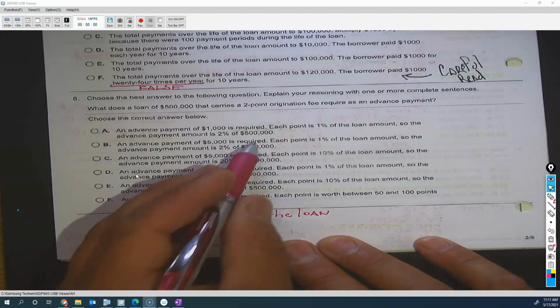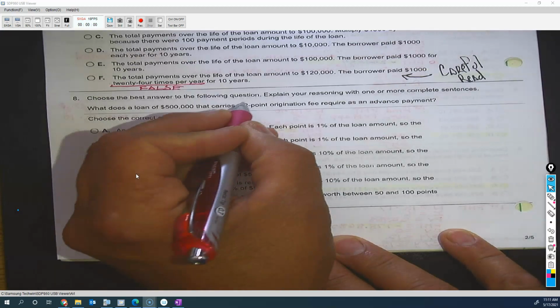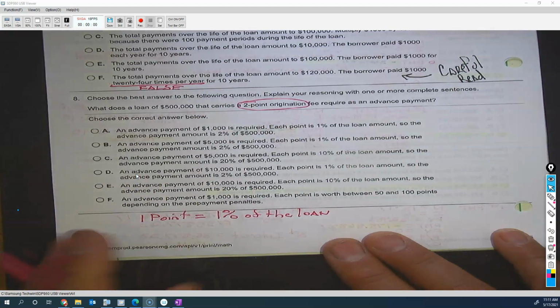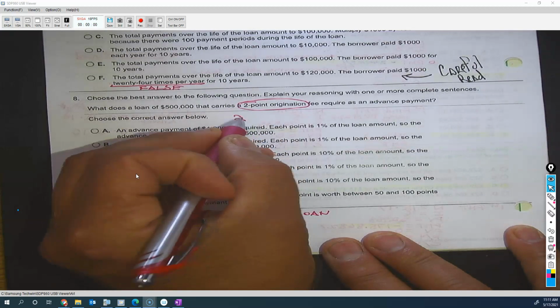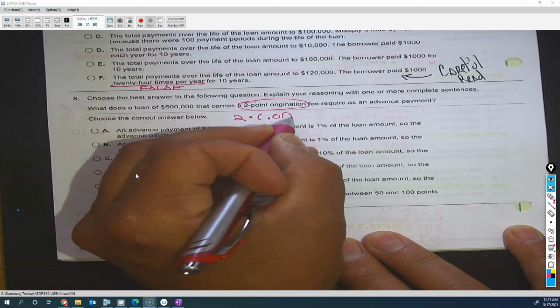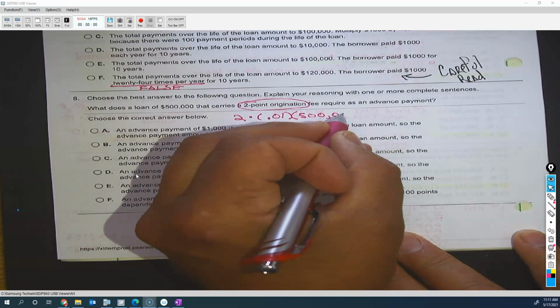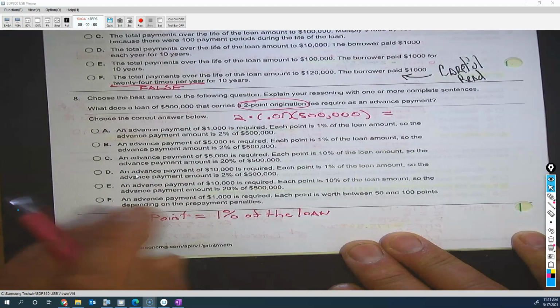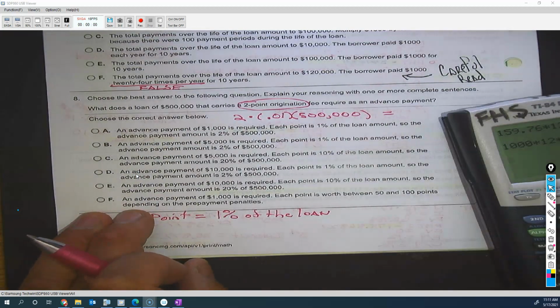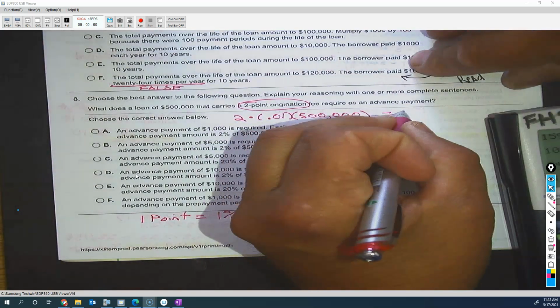Okay, so what I'm going to do here is I want 2 points. So I'm going to do 2 points times 1% times 500,000. And that's the origination fee. Okay, that'd be $10,000.